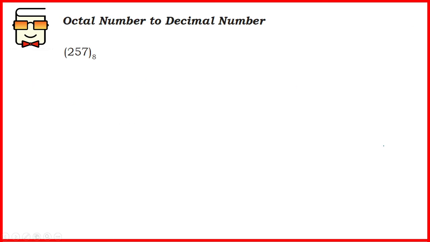Coming to the second question, which is converting an octal number into a decimal number. The process remains the same. First you write the digits, then below the digits of the given number you write the base of the number. The base would be 8 because it is octal.